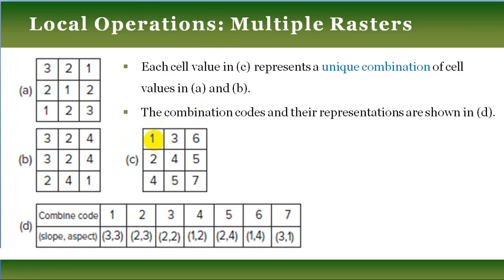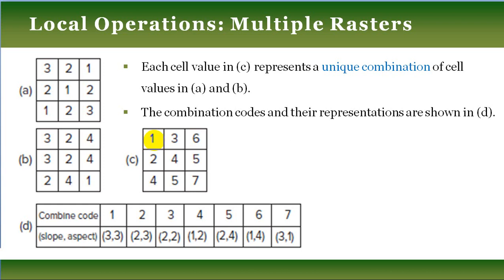Okay, but before doing that, I should tell you that in a lot of applications we use raster local operations, either using a single raster or using multiple rasters. For example, change detection study of land cover rasters of different years.